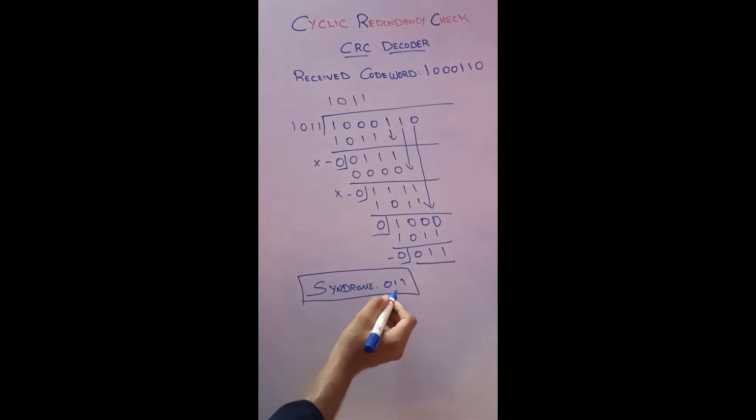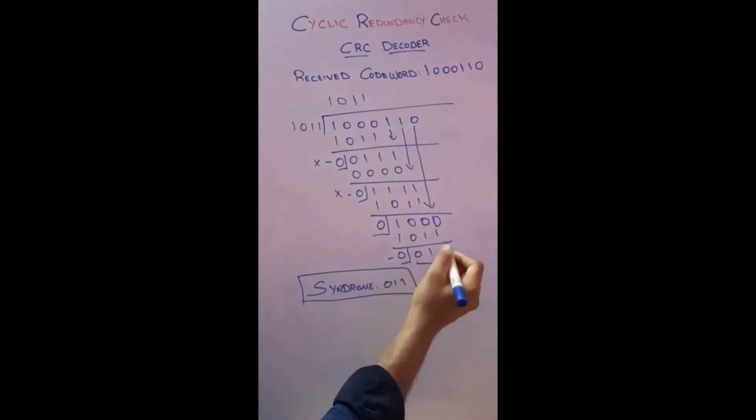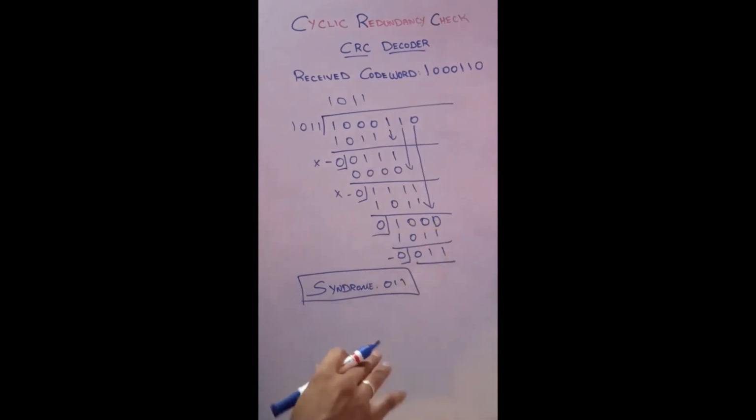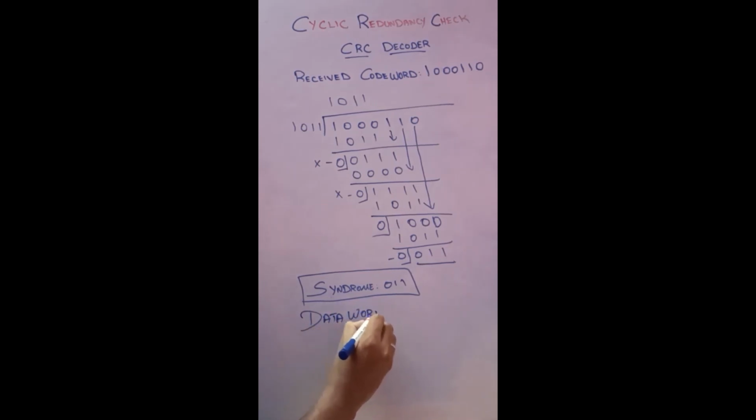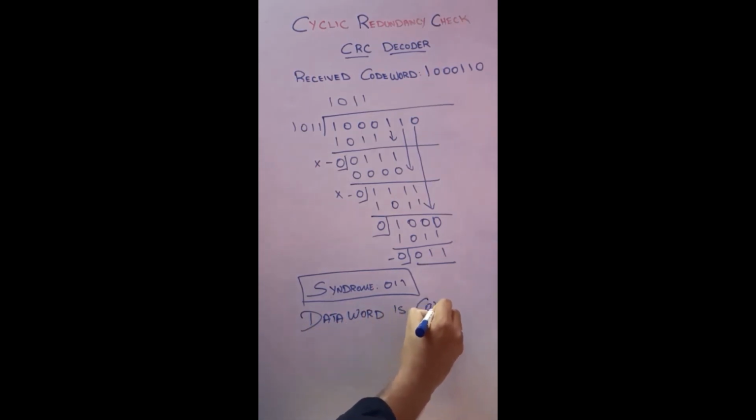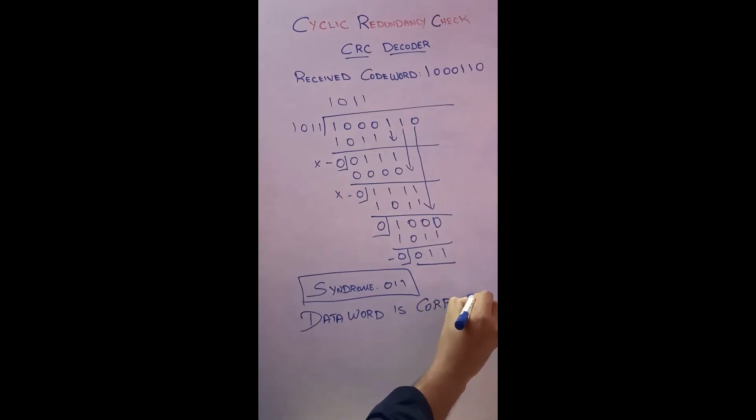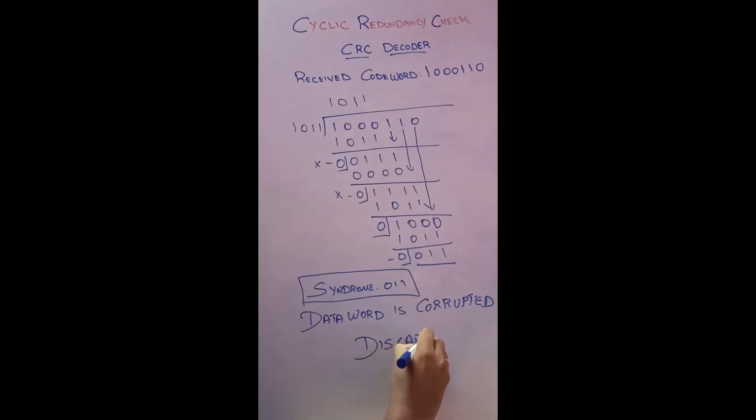In case the syndrome has values like 0, 1, 1 or any other value other than all 3 bits being 0, it means the received data word is corrupted by error, and so the data word is now discarded. So the receiver can understand the data word has been corrupted by some error, and the received code word is discarded since it has an error.